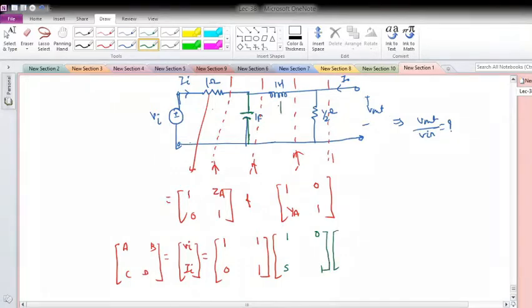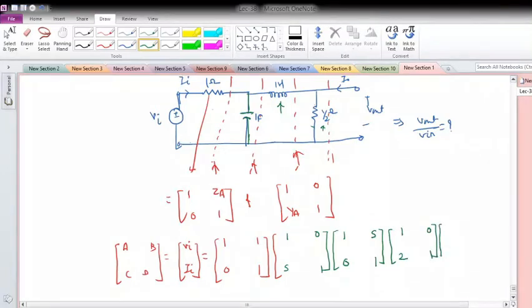What about this inductive element? The impedance of the inductance is SL, and it goes in the Z position, so it is not 0 there. L is 1, so it is simply S, then 0 and 1. Then this resistor is in parallel form, so it is 1, 0, and its admittance, meaning its conductance, is 2, then 1.